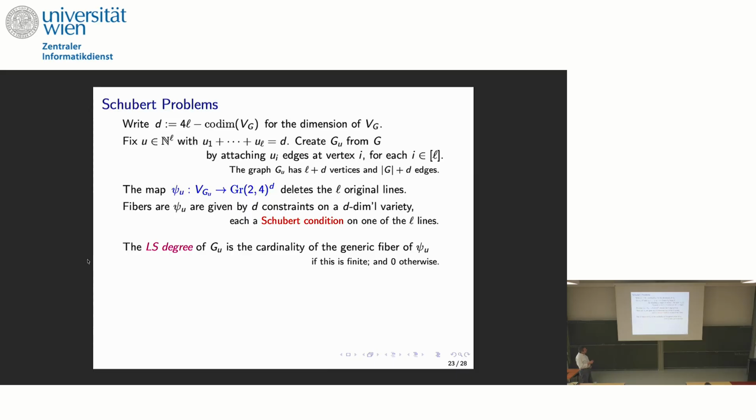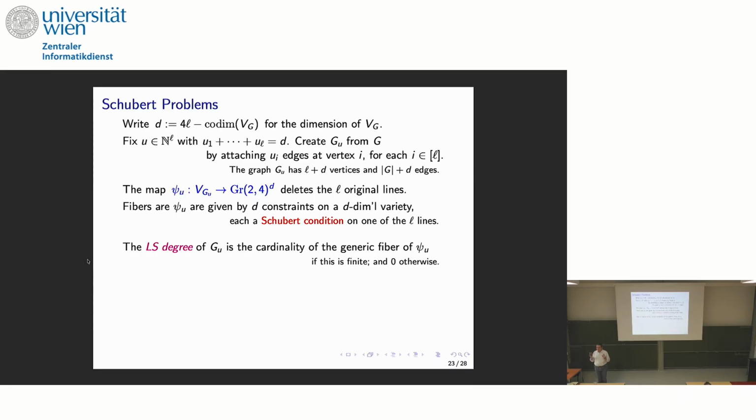Now the fibers of this map are given by D constraints on a D-dimensional variety, that is expected to have finitely many solutions, and each of these is a Schubert condition. The number of solutions is the LS degree, or leading singularity degree, if it's finite, zero otherwise.